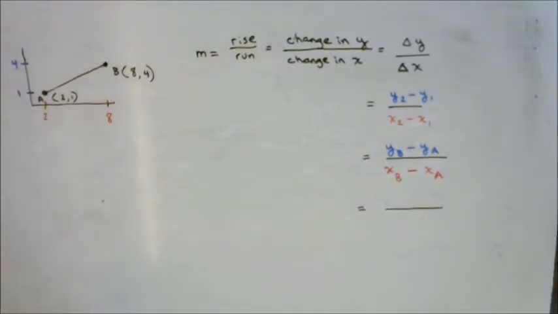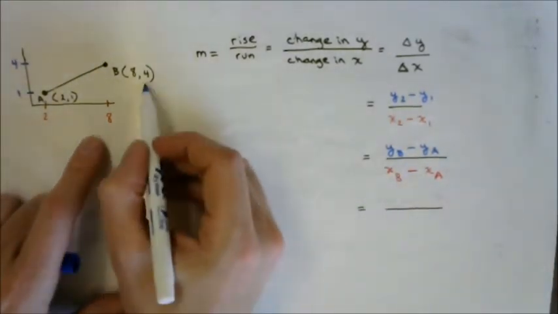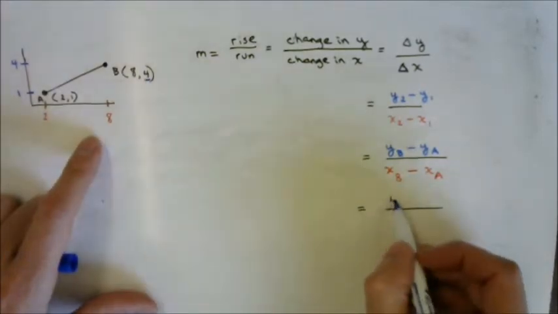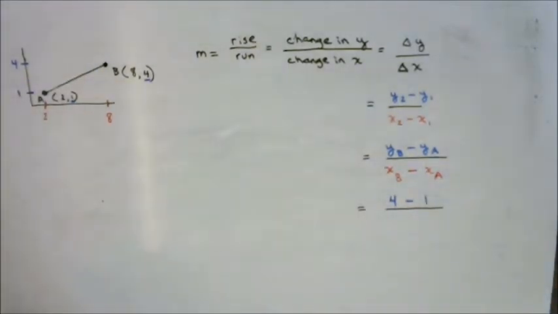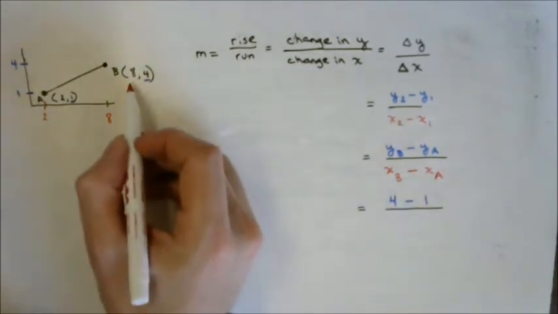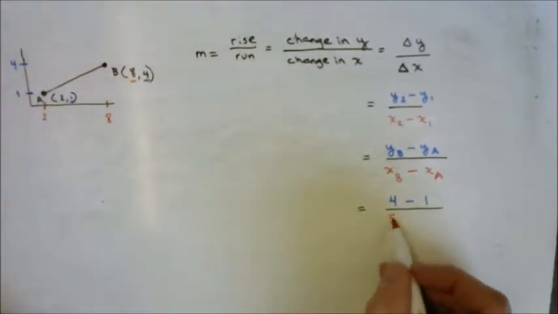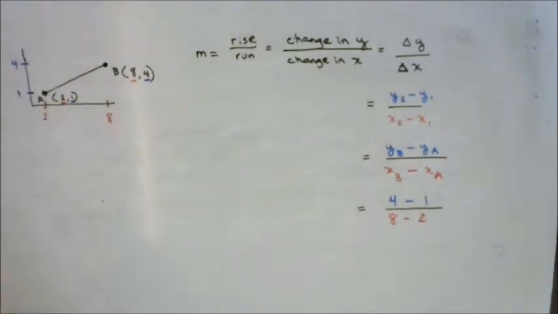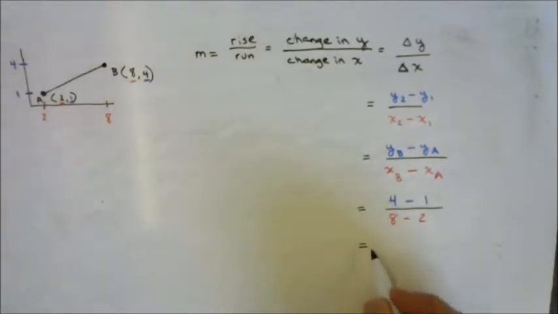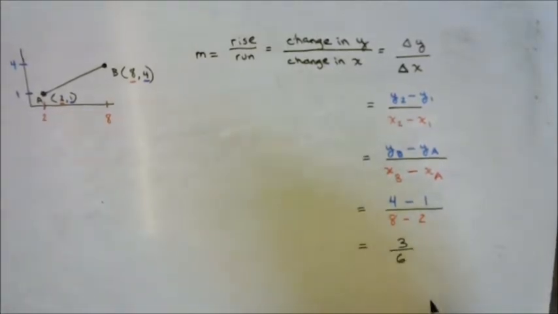Here we go. So now I have the y coordinate of B, which is 4, minus the y coordinate of A, which is 1, in the numerator. And in the denominator, I have the x coordinate of B, which is 8, minus the x coordinate of A, which is 2, equals 3 over 6, which you can reduce to 1/2, or you can call it 0.5.